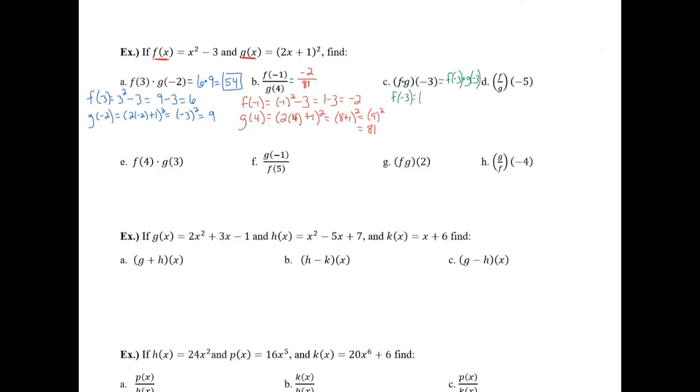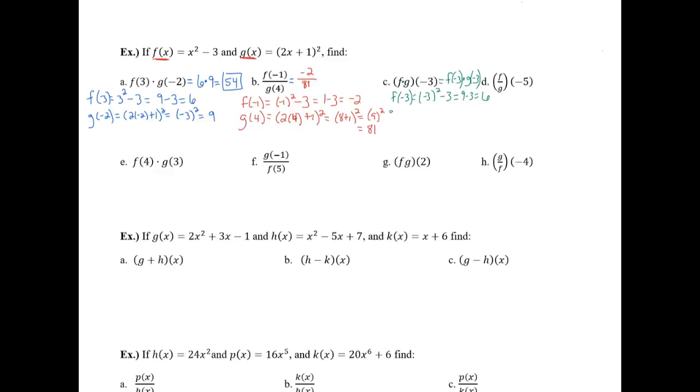We're taking negative 3, squaring it, and then subtracting 3. Negative 3 times negative 3 will be a positive 9. Minus 3 is 6.